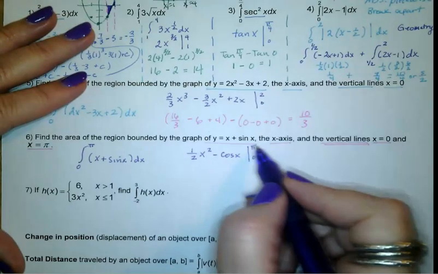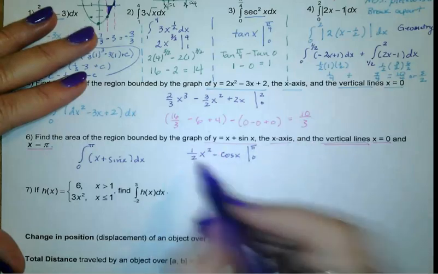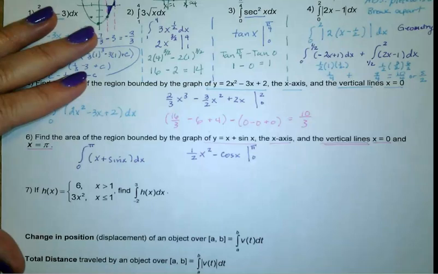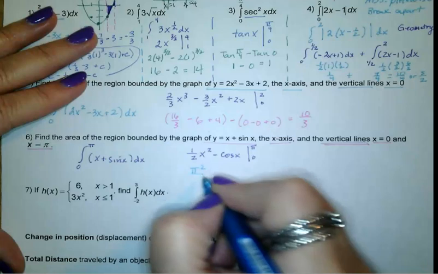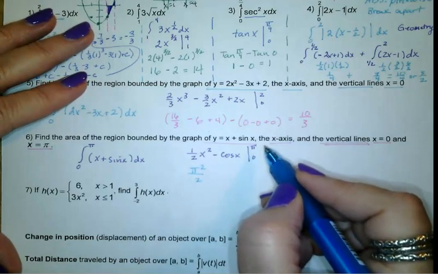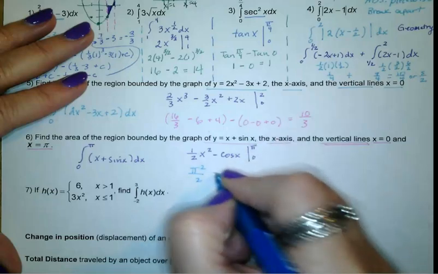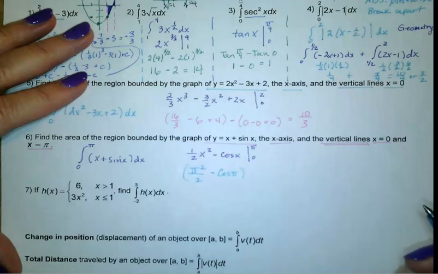All right, so when I plug in my pi here, I get pi squared times 1/2, or pi squared over 2. And then when I plug in my pi here, remember I'm saying minus cosine pi. And so that's everything for the upper bound.